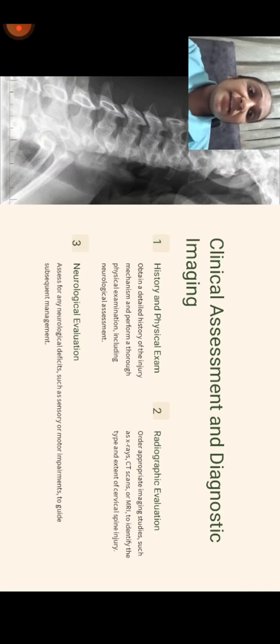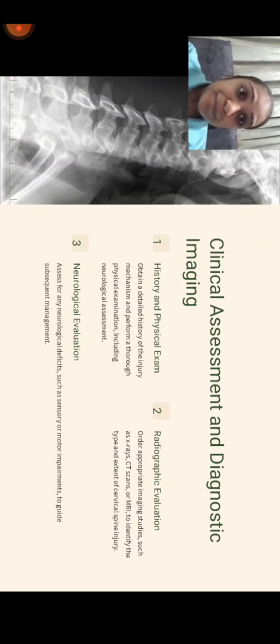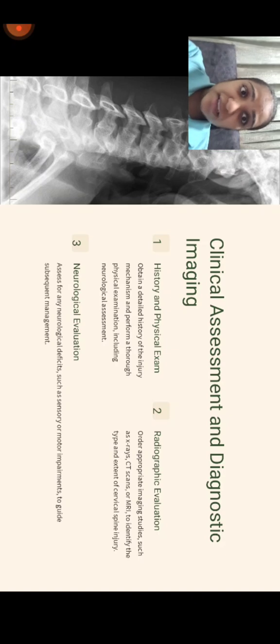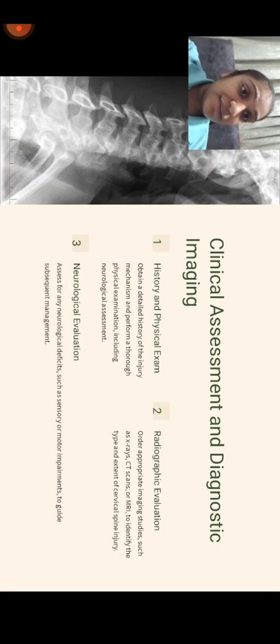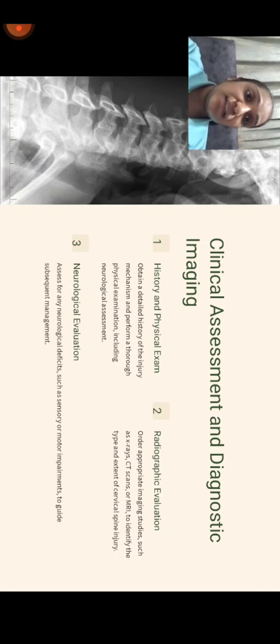Clinical assessment and diagnostic imaging: history and physical examination, radiographic evaluation, neurological evaluation. In history and physical examination, obtain a detailed history of the injury mechanism and perform a thorough physical examination, including neurological assessment.